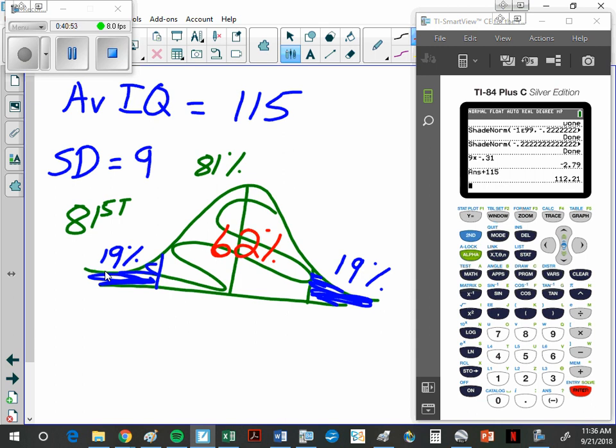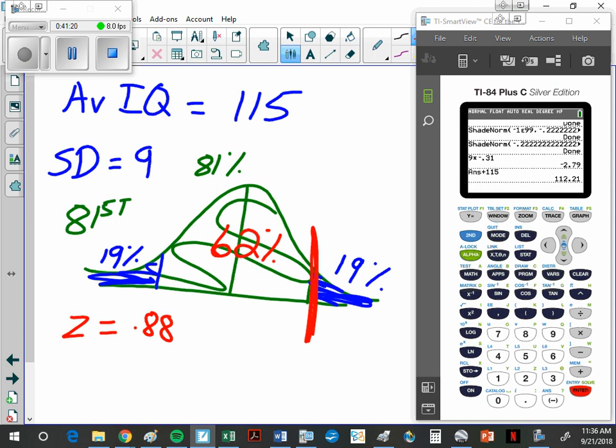Okay, so I look up 0.62 on my z-score chart, and I get 0.88. Is it positive or negative? Positive, because we want this one. 0.88. What does 0.88 mean? That's 0.88 SDs larger than average. But I don't want SDs, I want IQ points.